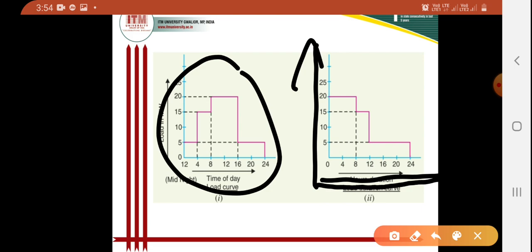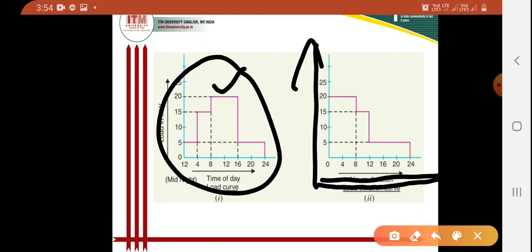From the beginning we have to keep our maximum demand, then the next demand and the next demand after that. Our maximum demand is 20 megawatt, so this will be drawn first, because we have to arrange the load curve in descending order to get the load duration curve.